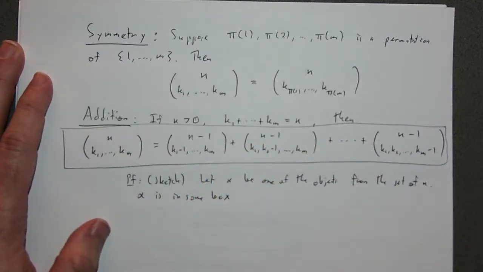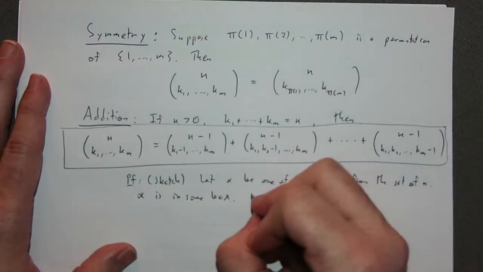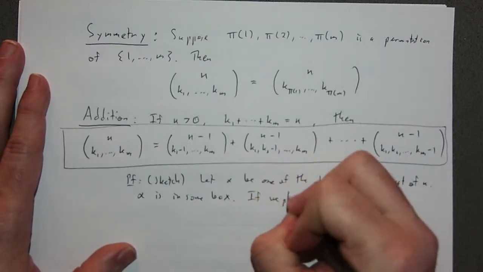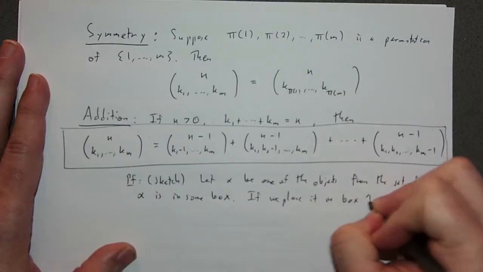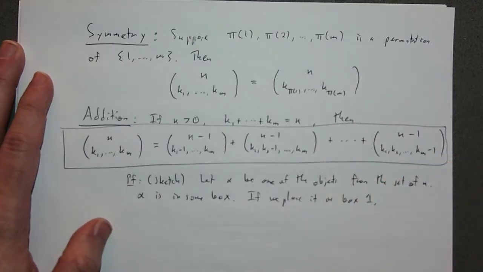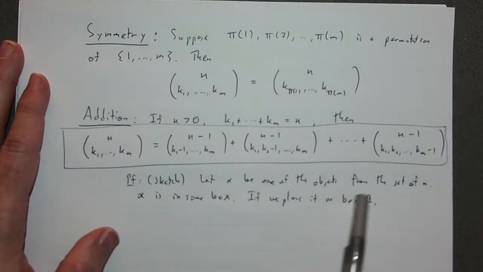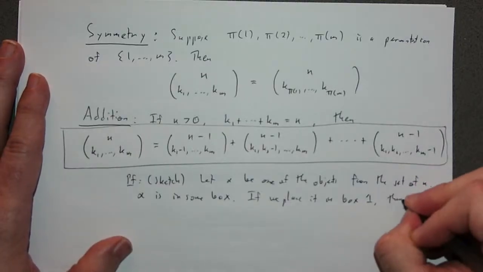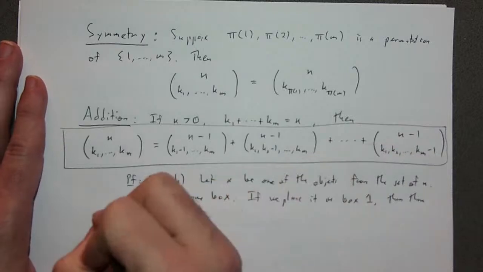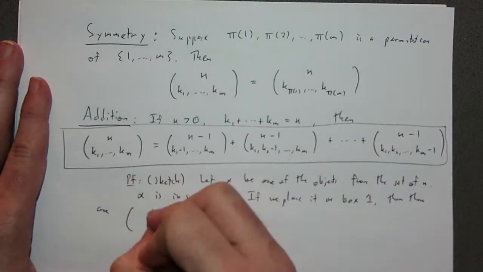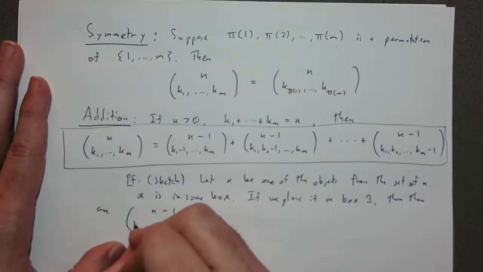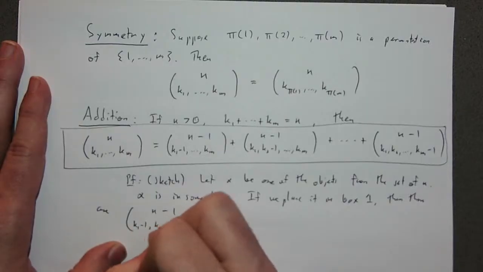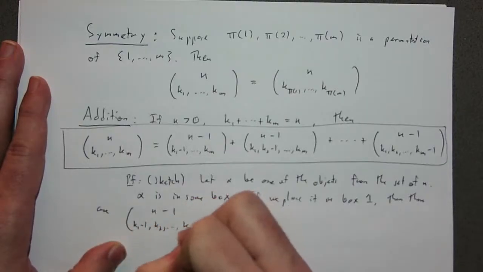If we place it in box 1, then how many ways are there to arrange the remaining n minus 1 objects to create a valid arrangement? And there are, well, n minus 1 choose k sub 1 minus 1, k sub 2, and then the rest are the same, out to k sub m.